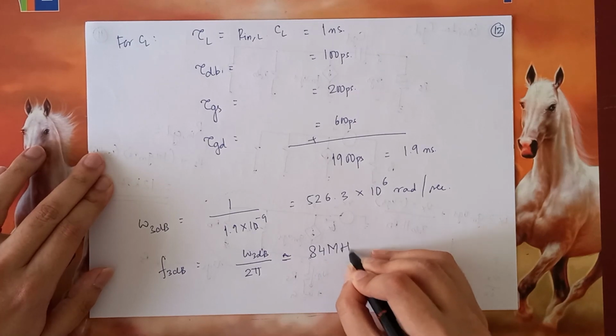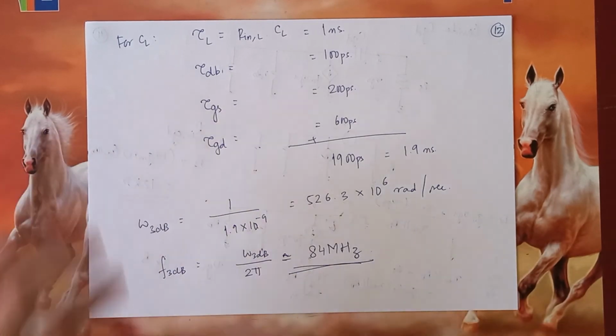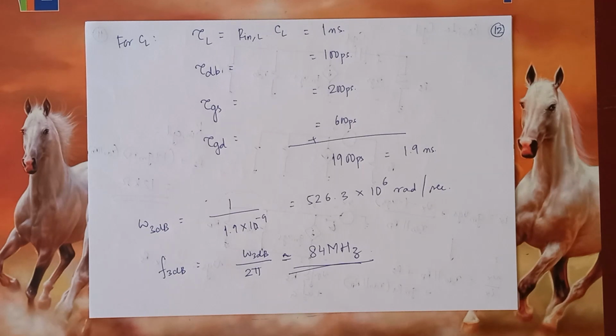With this, we have made an estimate of the 3 dB bandwidth of a MOS amplifier circuit using the method of open circuit time constants.